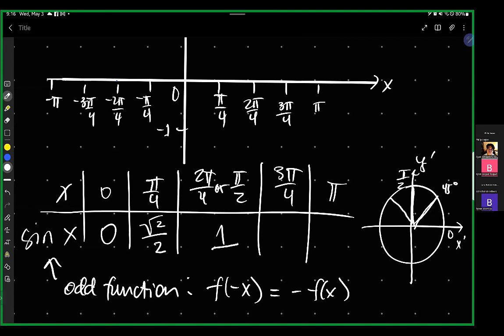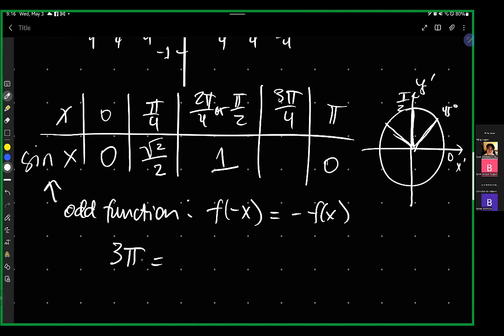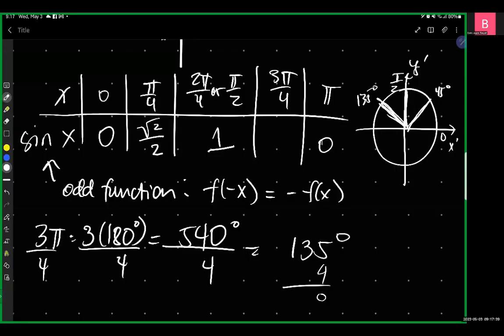And then 3 pi over 4 is equivalent to what? 3 pi over 4, 3 pi first is equivalent to 540 degrees, so it's 135 degrees.